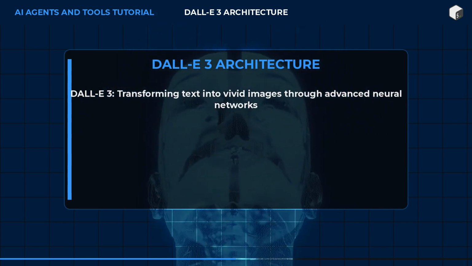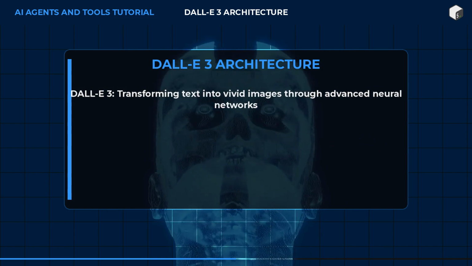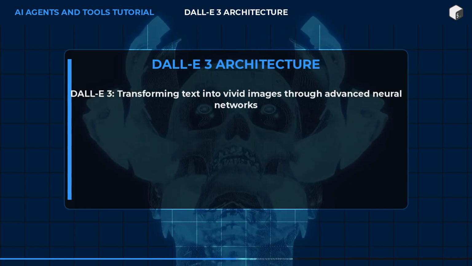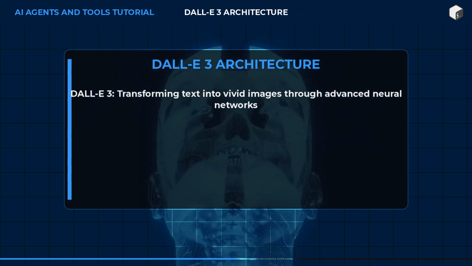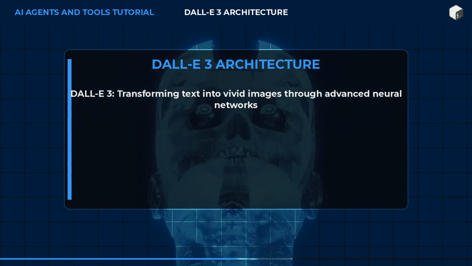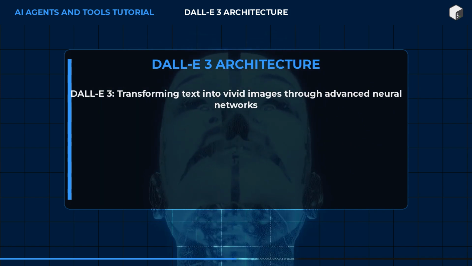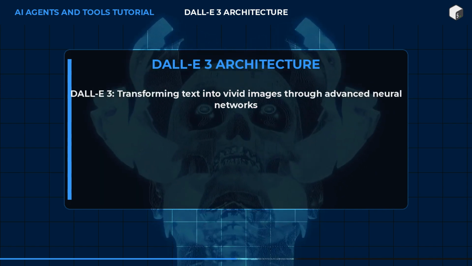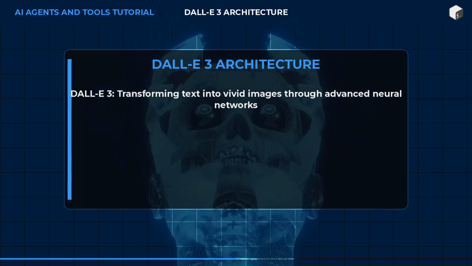This encoded text is then translated into image features through a sophisticated system of layers within the neural network. Finally, the image frame synthesis layers generate the high-quality, lifelike image, embodying the descriptive elements of the initial prompt. This entire process is optimized to produce results that are both rapid and resource-efficient.